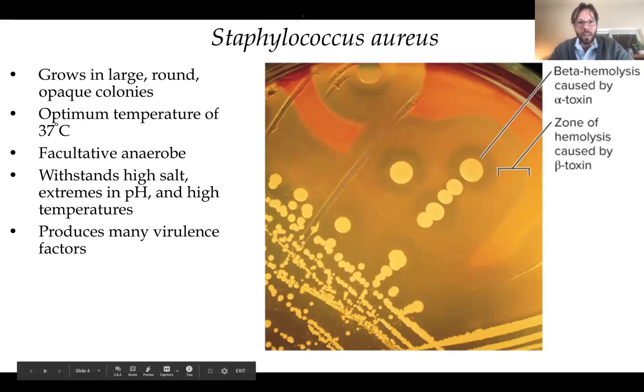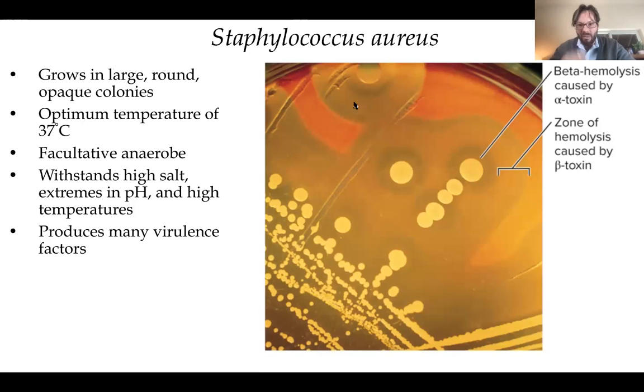Let's annotate here. So we're going to have these nice large colonies. They're kind of opaque. Their optimum temperature is 37 degrees, right? Because that's body temperature. So that's going to be the temperature that they thrive in, which means that they do very well growing inside us.